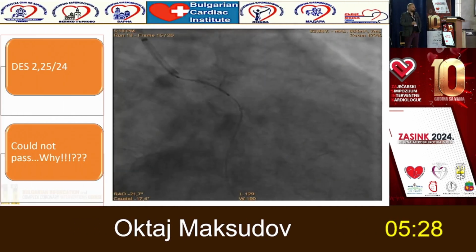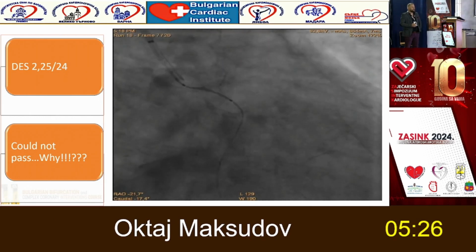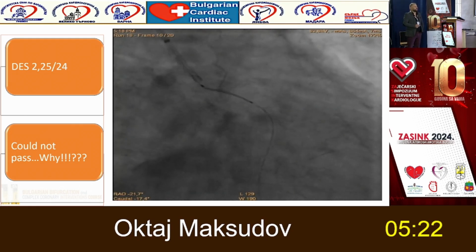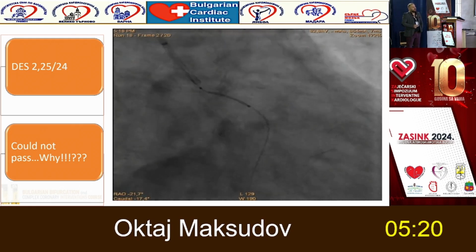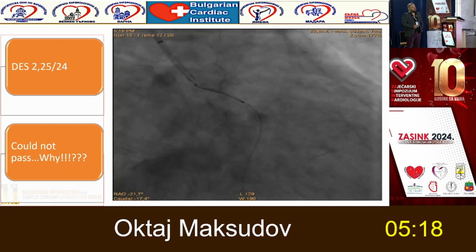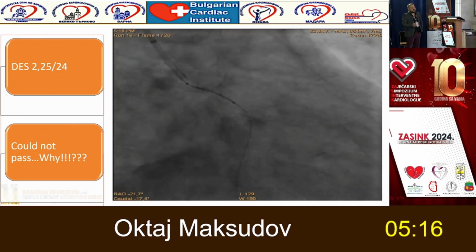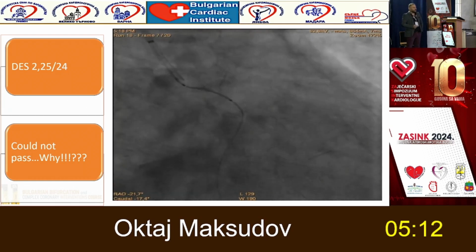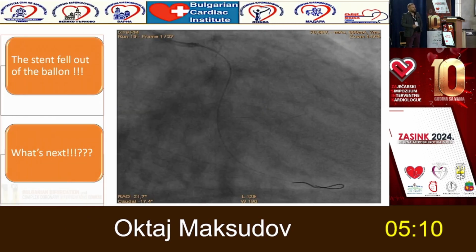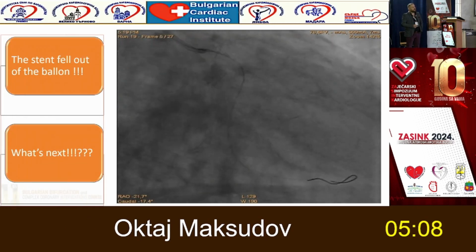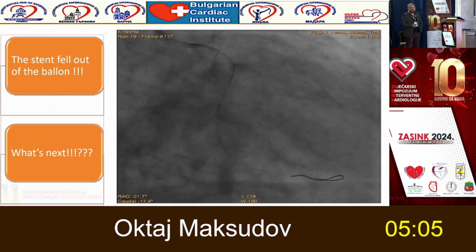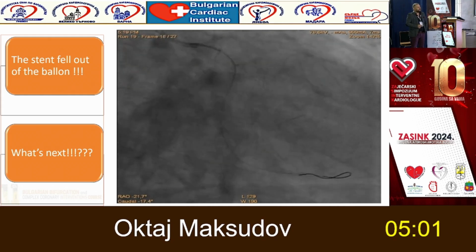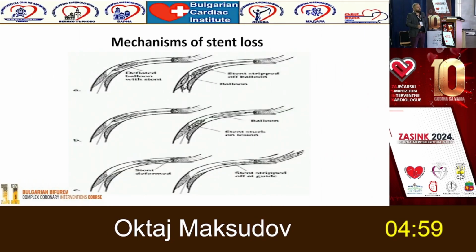So we wanted to finish the procedure with DEB, but we changed our position and we took a stent, 2.25 over 24, and the stent could not pass through the left main. Why? At that time we didn't know why. We pulled the shaft away, and the nurse said, the stent isn't there, it's only the balloon. Where is the stent? And what's next?